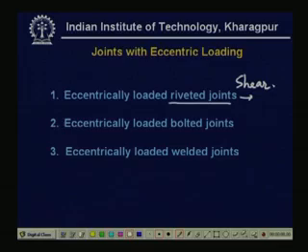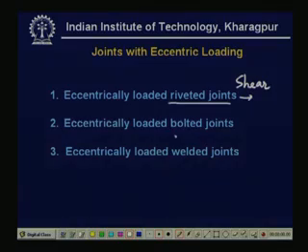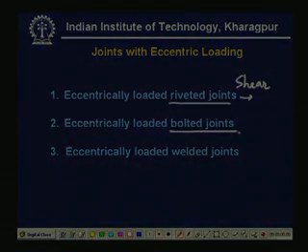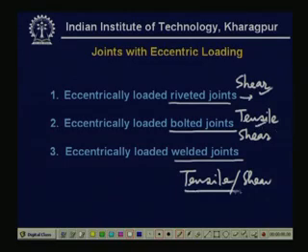So, this is the primary loading applied to riveted joints. Sometimes it can take some tensile load, but normally we have the shear loading. Similarly, bolted joints will normally take primarily tensile load, and welded joints could take tensile or shear load.